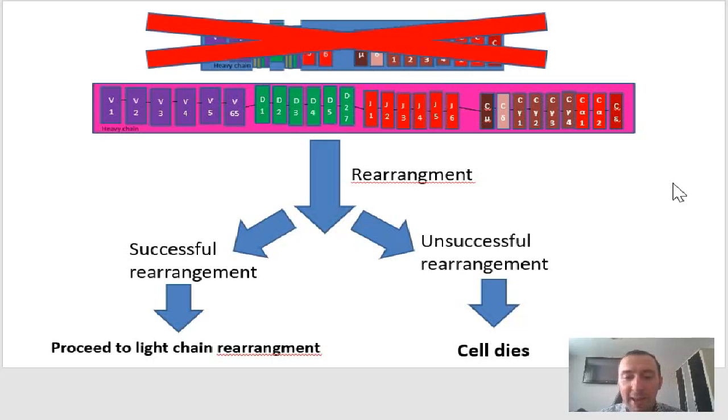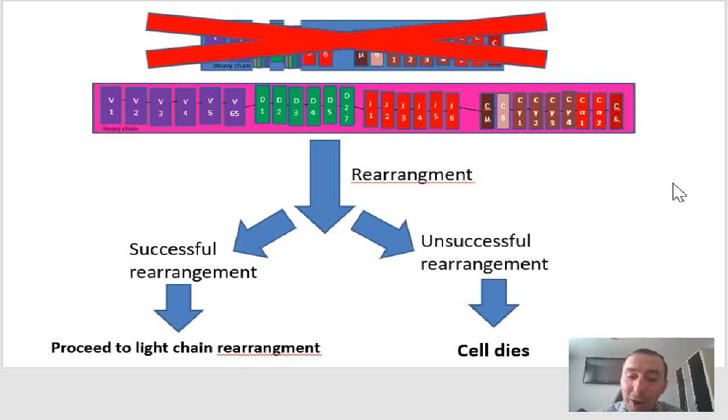If that rearrangement was unsuccessful, it has an opportunity to re-edit that gene and to make it a successful heavy chain rearrangement. And if that's successful, then it can proceed to light chain.